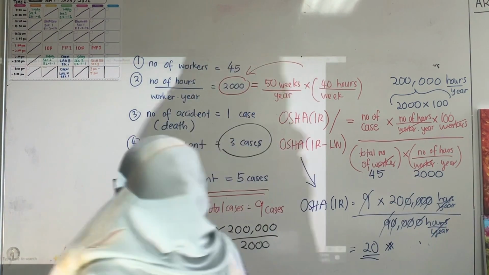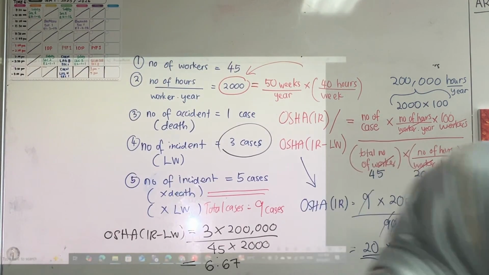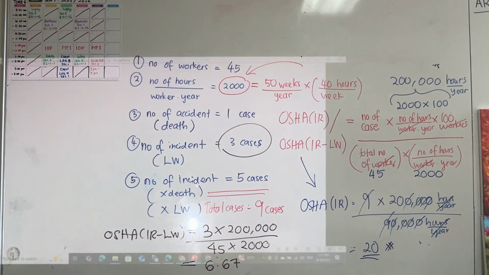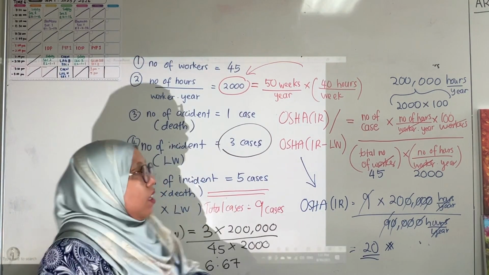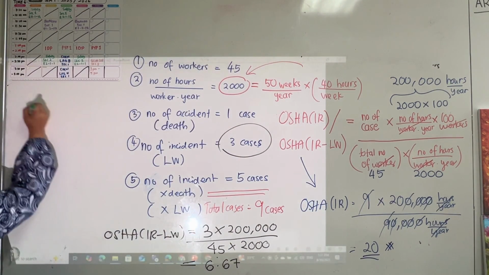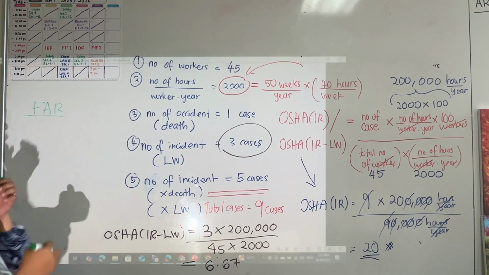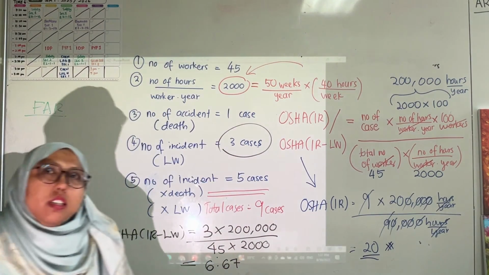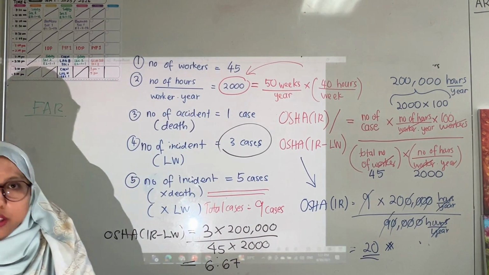So now let us calculate the FAR. This is another very important thing. I would like to use a different color for the marker. So for the FAR, fatal accident rate, the standard number of workers and number of hours will be a bit different.